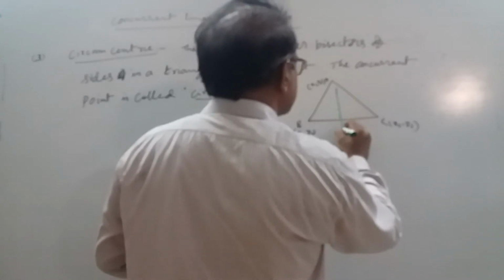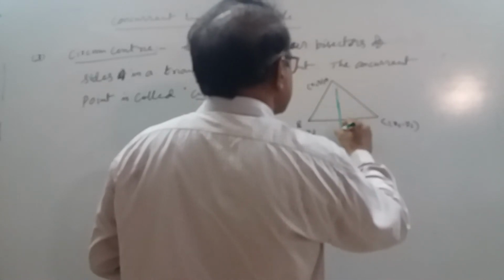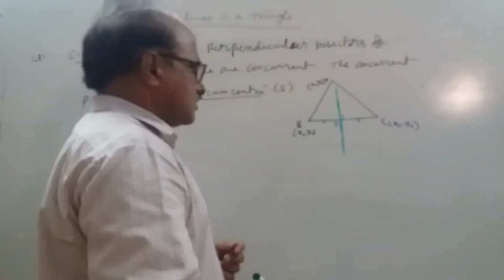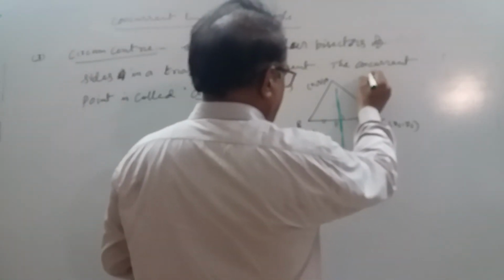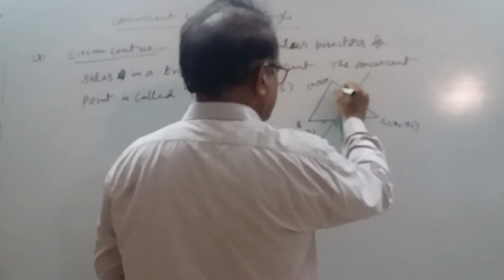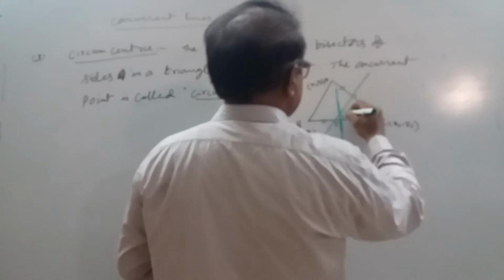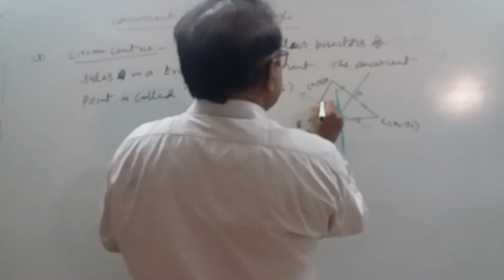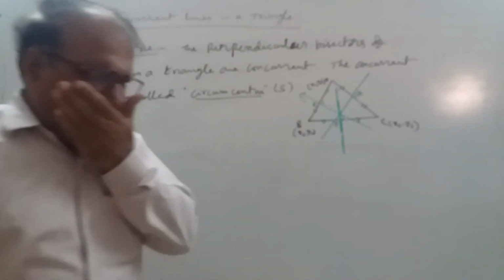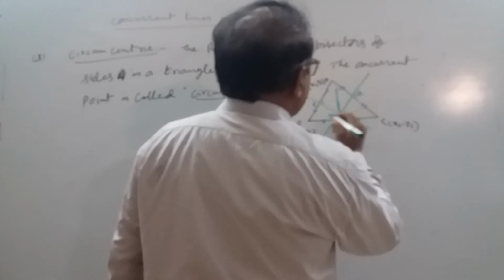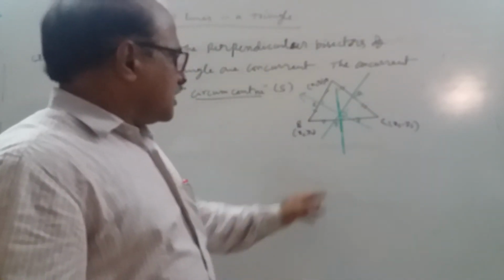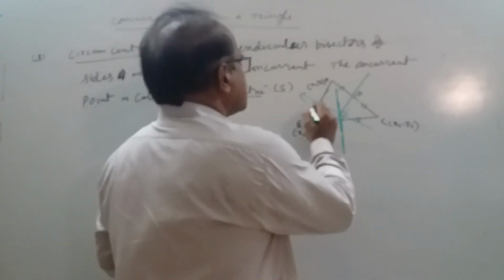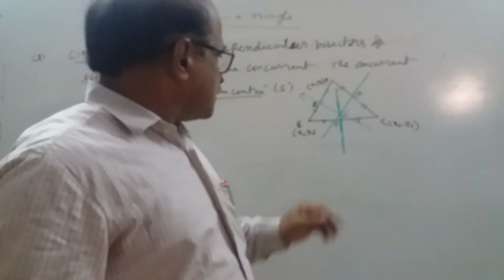Let the midpoint of BC be P. Similarly, if we draw the perpendicular bisector of AC, let the midpoint be Q, and if we draw the perpendicular bisector of the third side, the concurrent point is called S. Here PS is the perpendicular bisector of BC, QS is the perpendicular bisector of AC and RS is the perpendicular bisector of AB.